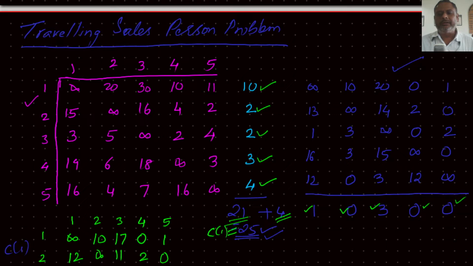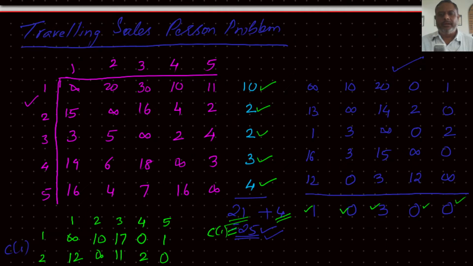And at the end, we need to reach 1 back, which we can do from 2, 3, 4, or 5. So if you start from 1, where do you want to go? And if you end at 1, from where do you want to come? That's what we just tried to find out.